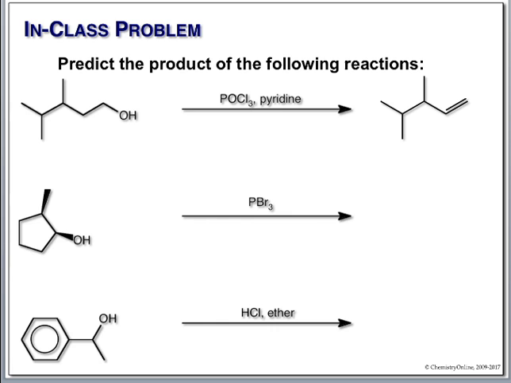Oh, we have stereochemistry again in PBr3. What does PBr3 do? Gives us an alkyl bromide. What's our stereochemistry? Inversion. So draw this as the alkyl bromide with inversion.